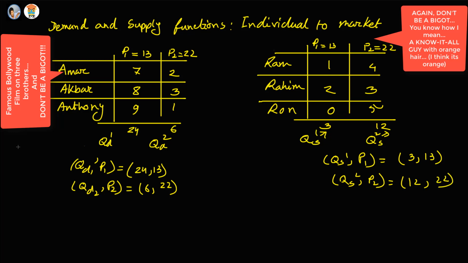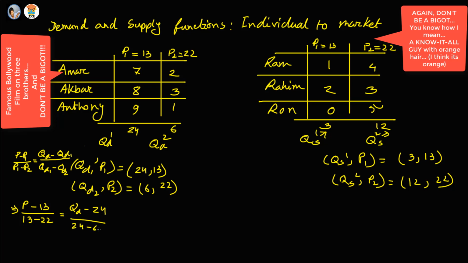Now if you consider demand curves to be linear, we can find out the functional form using this formula: P minus P1 divided by P1 minus P2 is equal to QD minus QD1 divided by QD1 minus QD2. Just replacing the values here, we find P minus 13 divided by 13 minus 22 is equal to QD minus 24 divided by 24 minus 6.